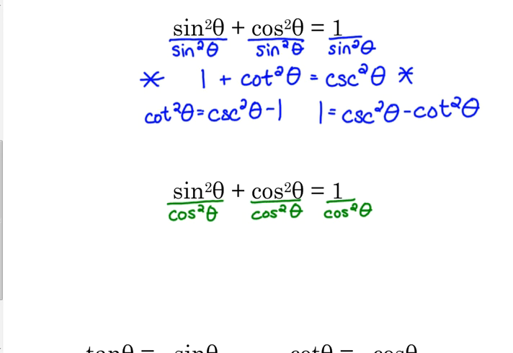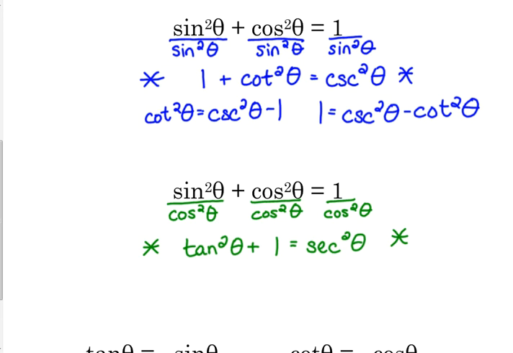So sine over cosine is equal to tangent, and it was squared, so that's equal to tangent squared. Cosine squared over cosine squared is 1, and 1 over cosine is secant, but it was squared, so it's secant squared of theta. So that is our third version of the Pythagorean identity.